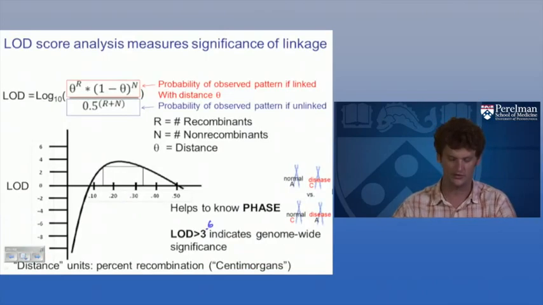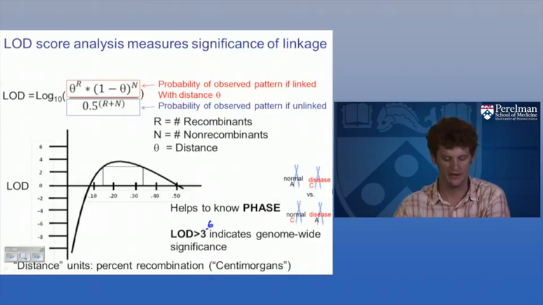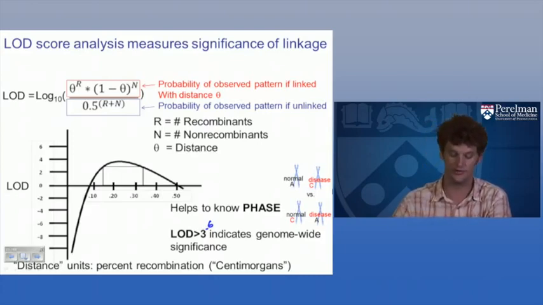So we have 8 non-recombinants and 0 recombinants, and we can just compare how surprising that would be if these were tightly linked. So that's this top term. That's just the probability of observing the pedigree that we had if they're linked with a particular distance.